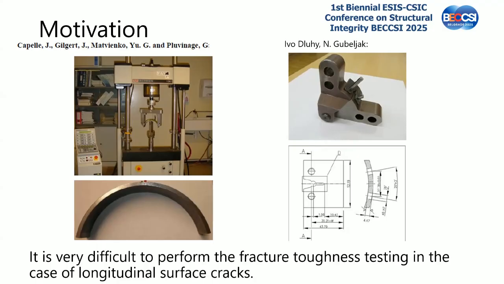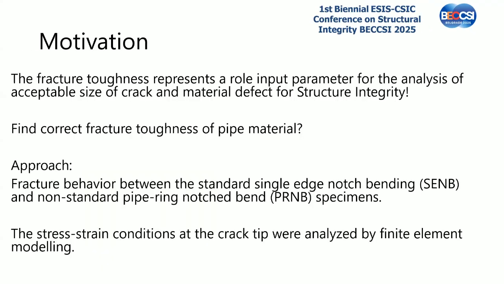But of course, here we want to make this test cheaper, easier, faster, and in this order it's easier to make the ring and test the ring. Also, you have a possibility to test very small specimens. That was done in France. They use the same procedure, and so we actually find the correct fracture toughness value.